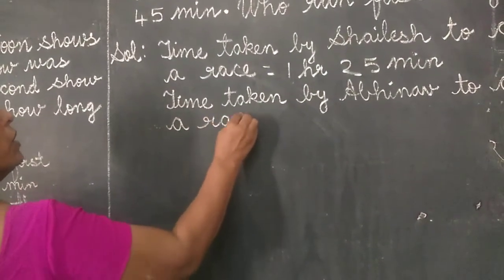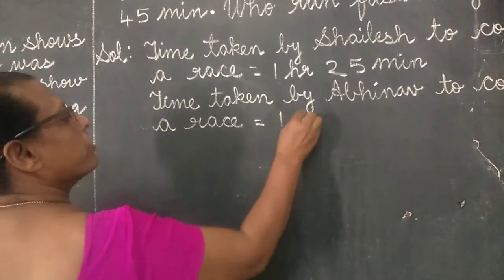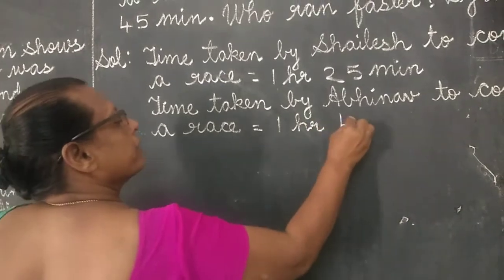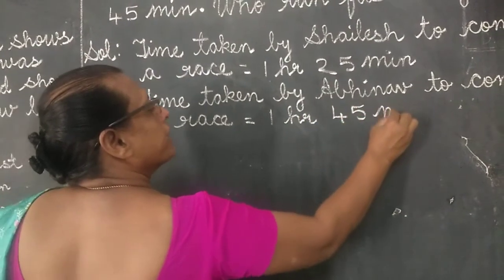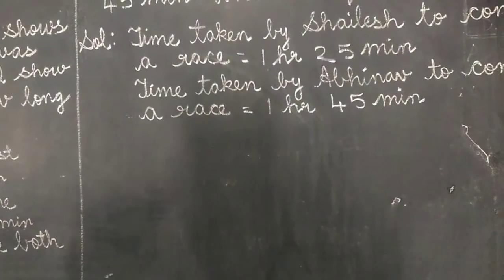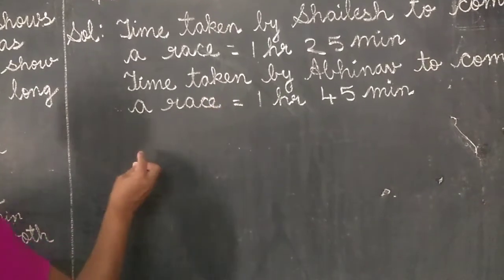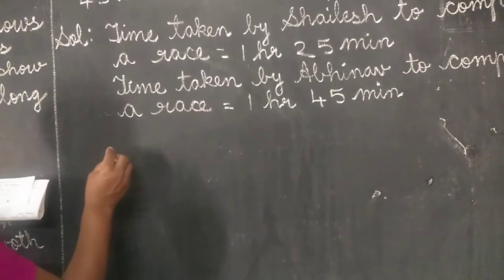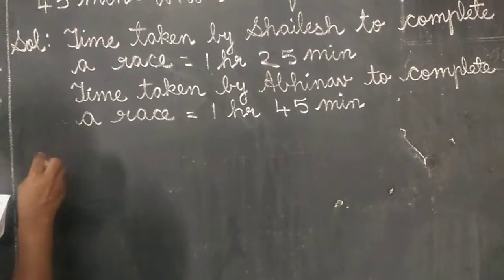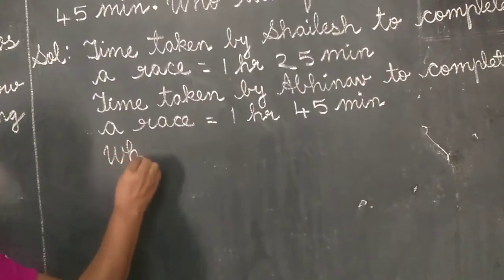So how long did he take? How much time did he take? He took 1 hour 45 minutes. So what you have to do, children? You have to subtract. You should not add. Okay, children? So what will come? Who ran faster? You have to find out who ran faster. Okay, children? So who ran faster?